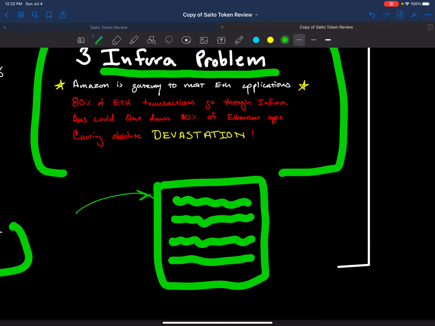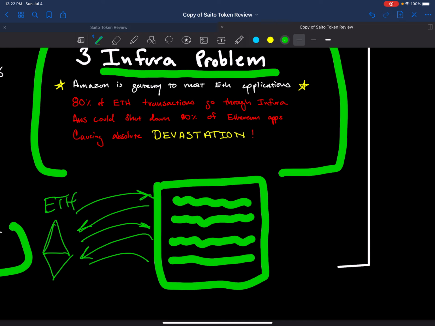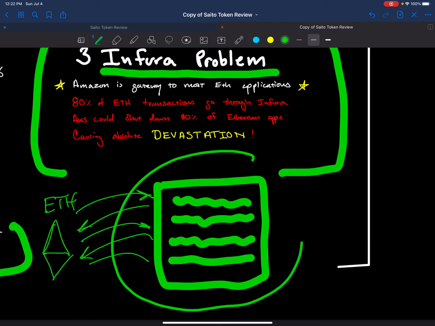And a bunch of Ethereum applications interact with this API. So this is Ethereum right here, and it interacts with Infura, which is a centralized service controlled by AWS. So 80% of ETH transactions go through Infura.